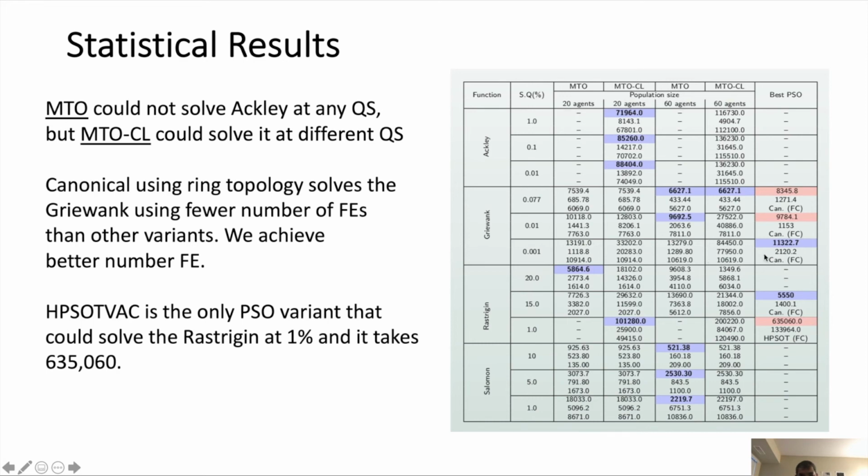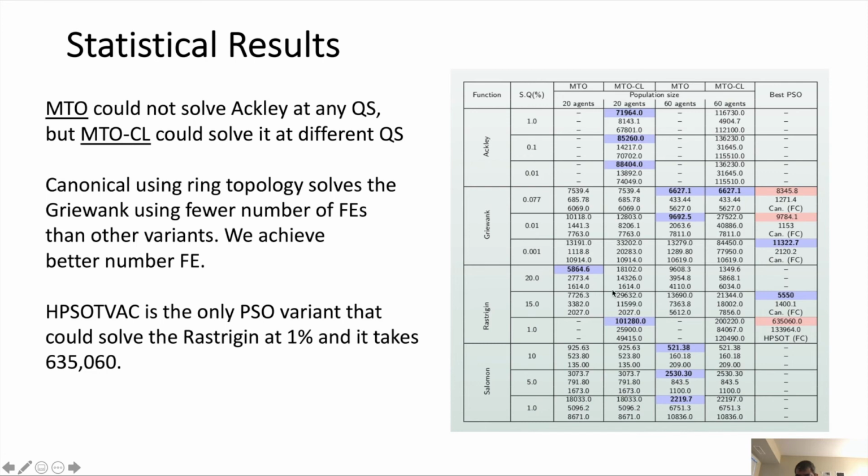The canonical PSO variant using ring topology solves it using fewer function evaluations than other variants, even our algorithm, when we increase the solution quality to 0.001. However, we solve it in the Rastrigin.